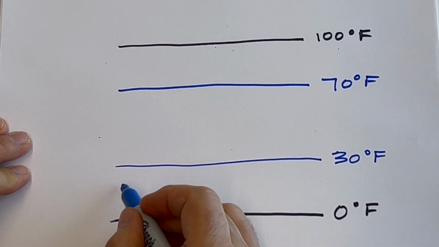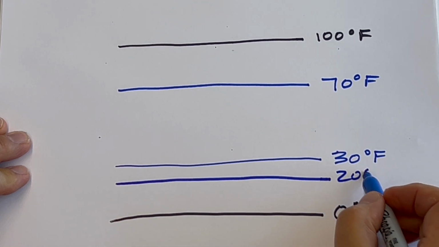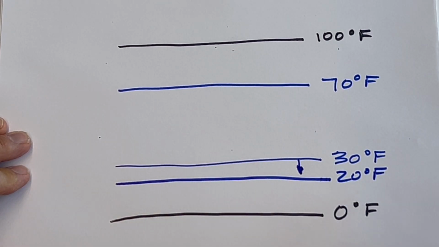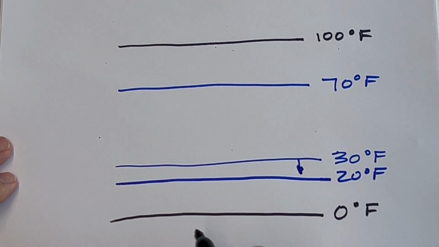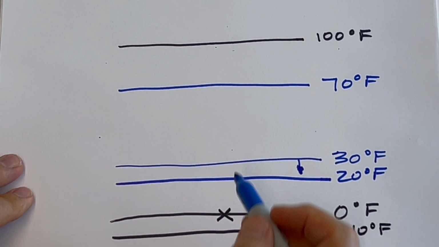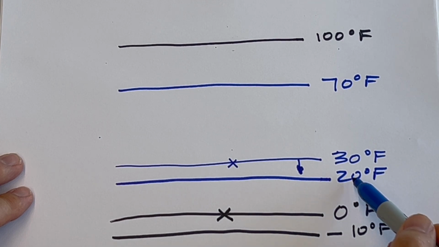If the outside temperature goes down to 20 degrees Fahrenheit, well, the refrigerant in the outside unit will get colder. And it might go down to -10 Fahrenheit. So now we're operating at -10 Fahrenheit for the refrigerant because it's 20 degrees outside.